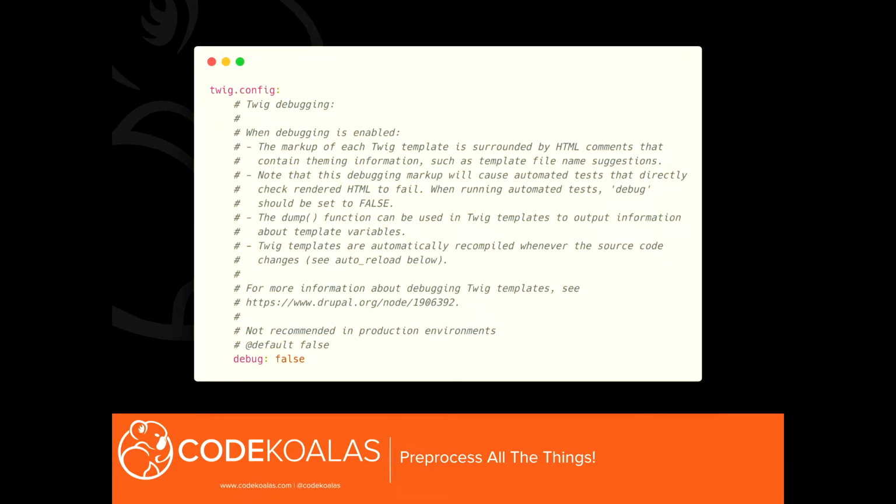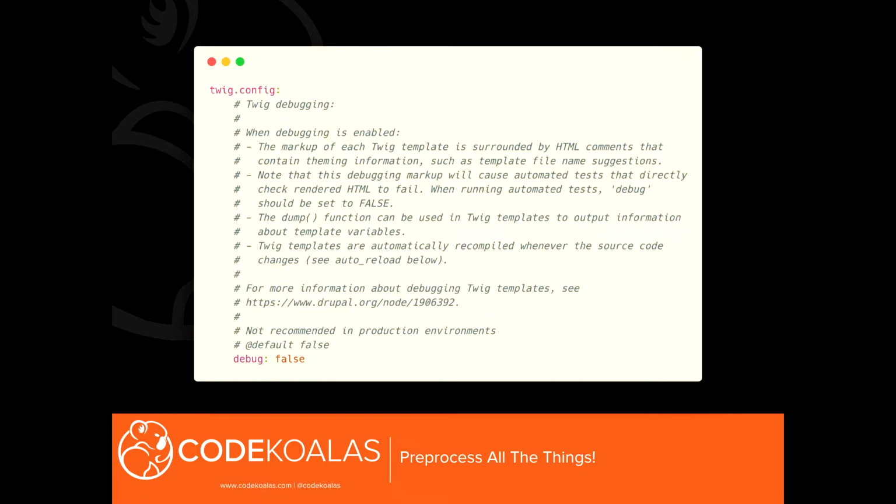If you recreate that and rename it as services.yml, then what you'll want to do is under twig config, you can change debug to true instead of false, and that'll give you some neat things I'll show here in a second. By default, it is set to false, so you will want to change that.